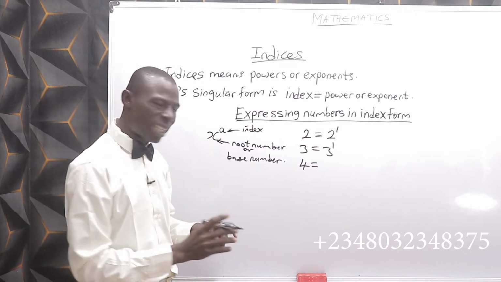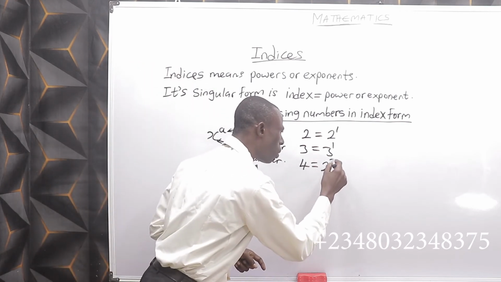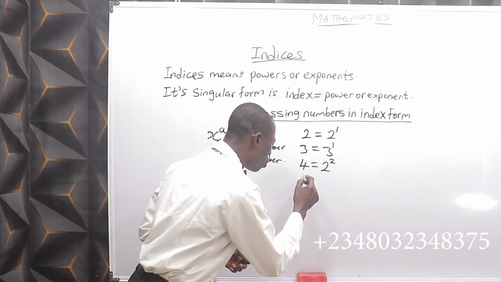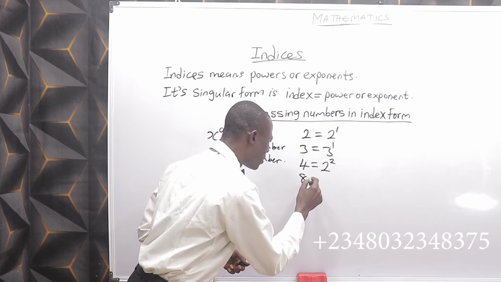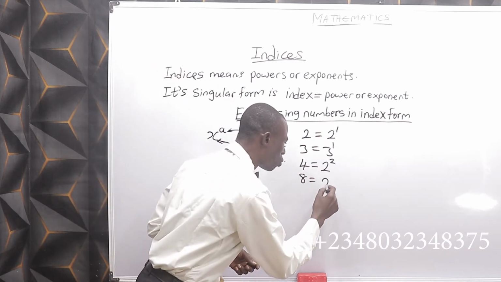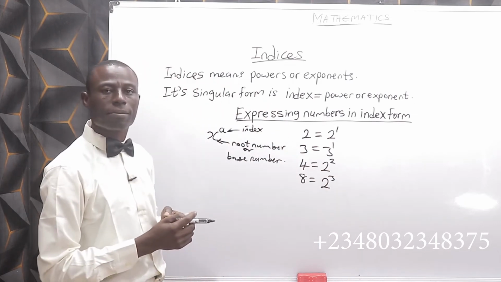To express it in index form, we write 2 raised to power 2. Also, 8. To express it in index form, we write it as 2 raised to power 3.